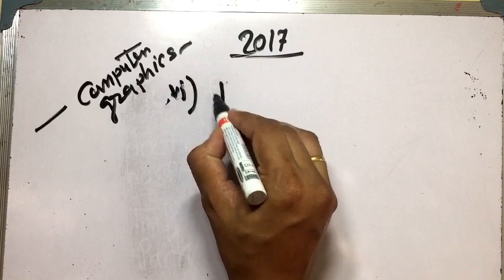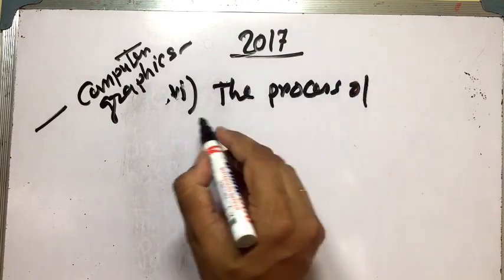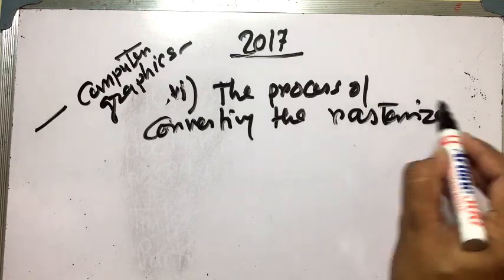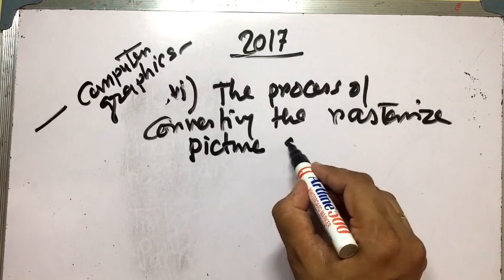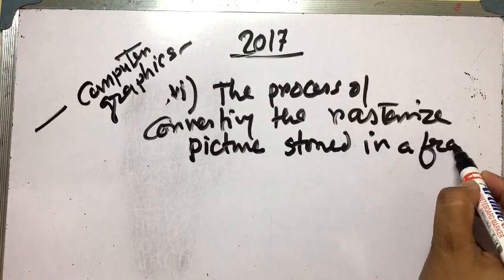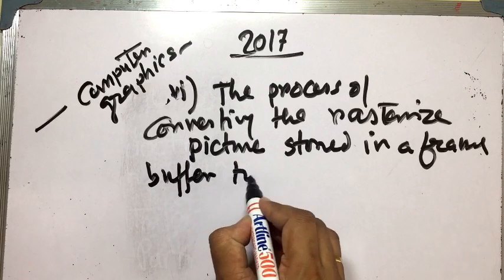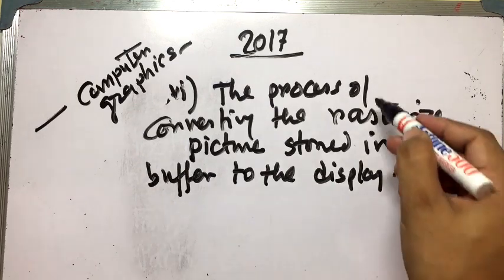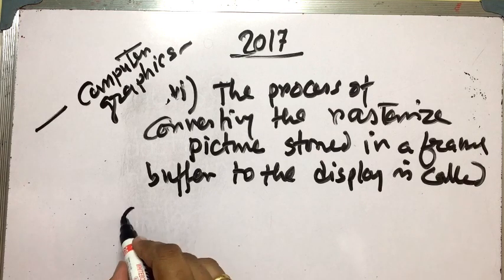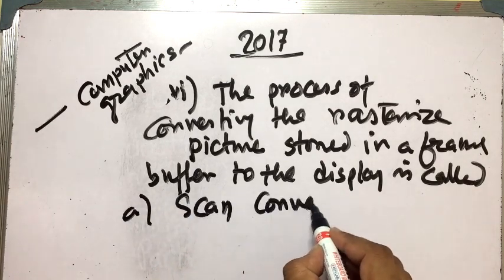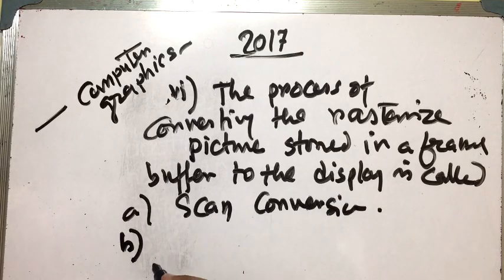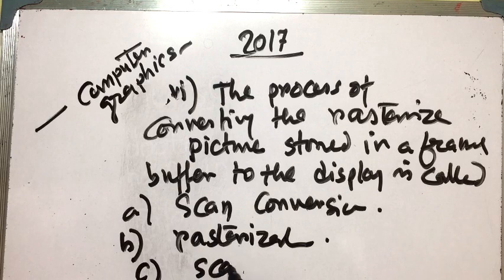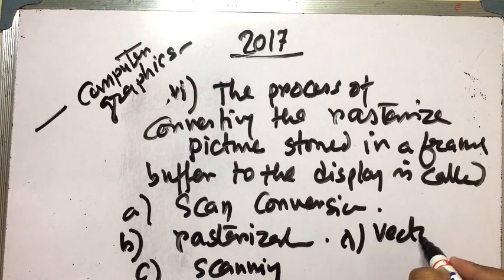Question number 6. The process of converting the rasterized picture stored in a frame buffer to the display is called: option A scan conversion, option B rasterization, option C scanning, option D vector display.